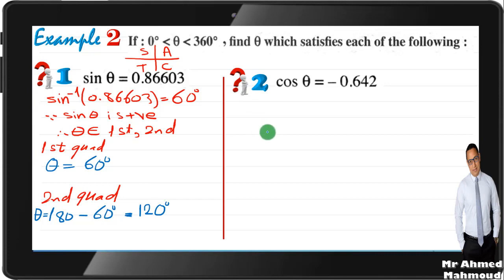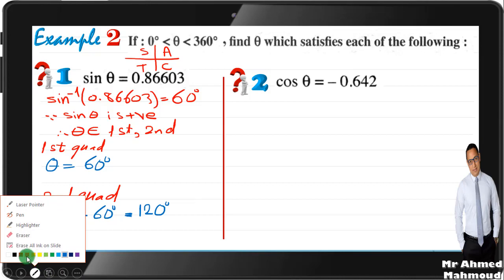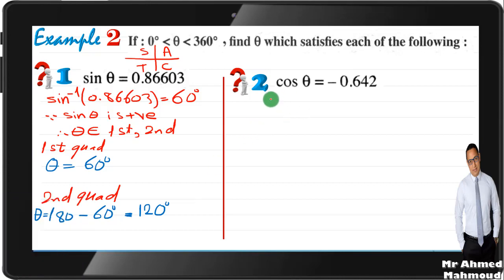Cosine theta equal negative 0.642. First step, I will write shift cosine, not negative, 0.642. It equals 50 degrees, 3 minutes and 32 seconds.